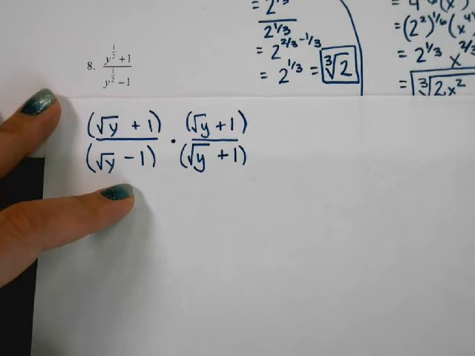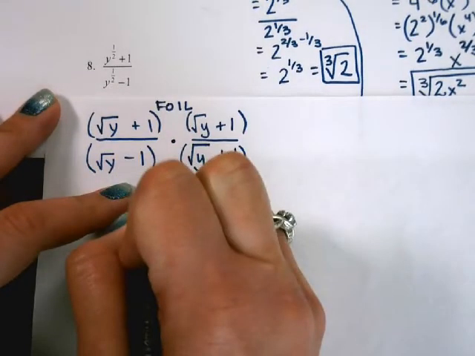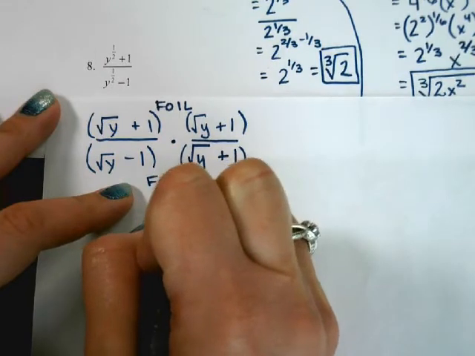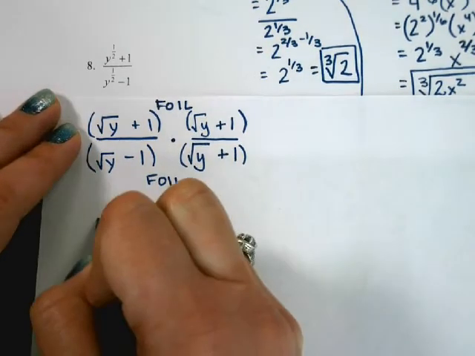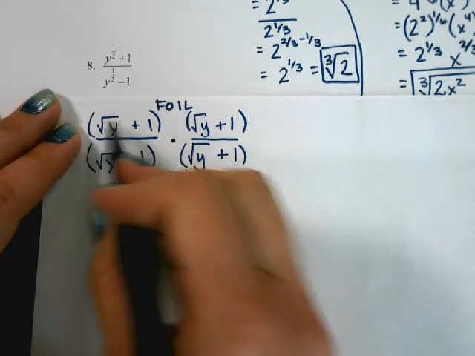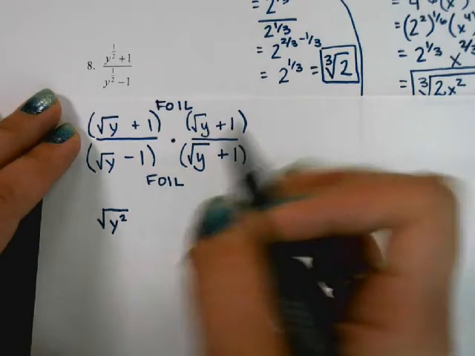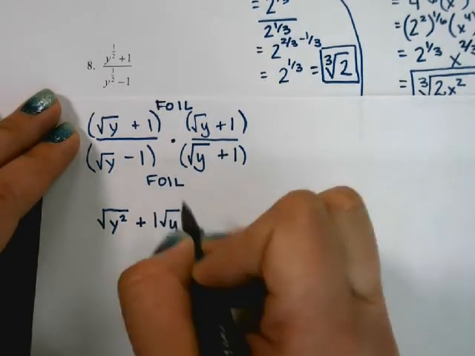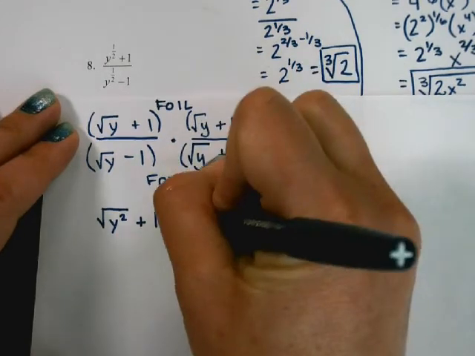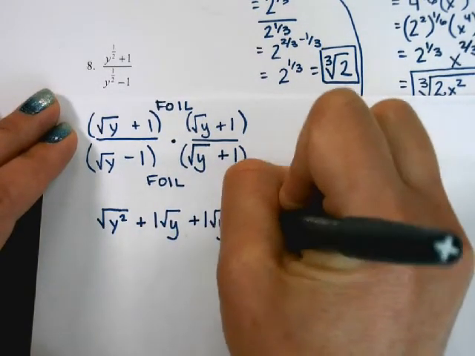Okay, now let's FOIL the top and the bottom. And I'm just going to write it all out. So I have the square root of y times the square root of y is y squared, plus 1 square root of y, plus another 1 square root of y, plus 1.